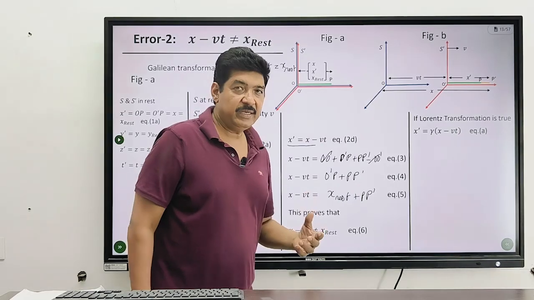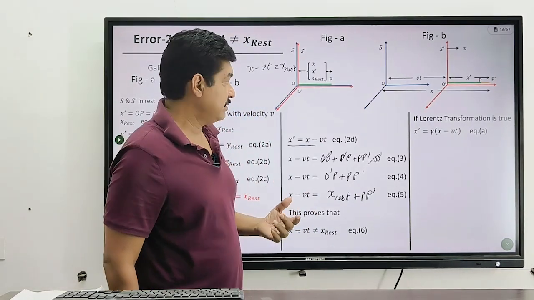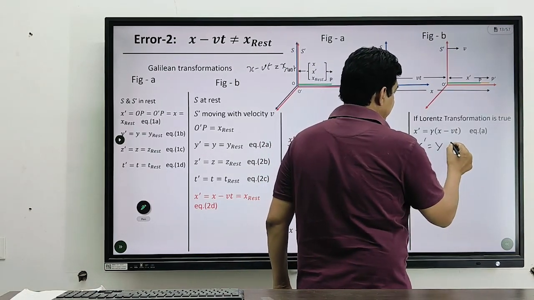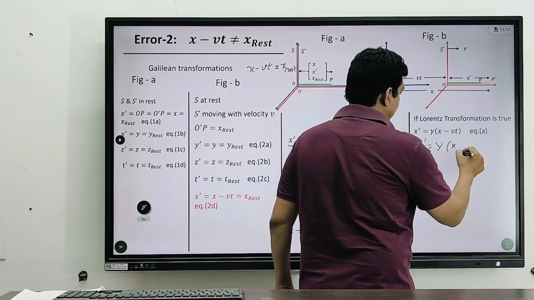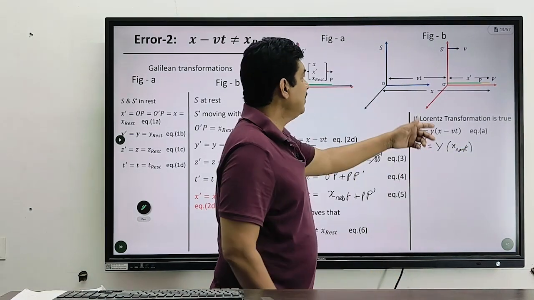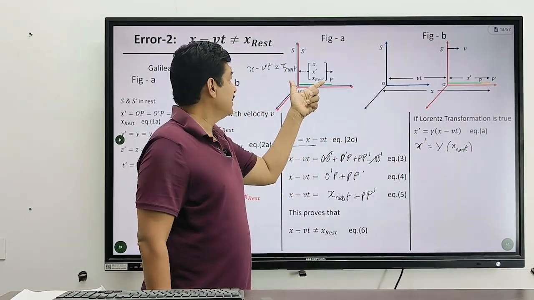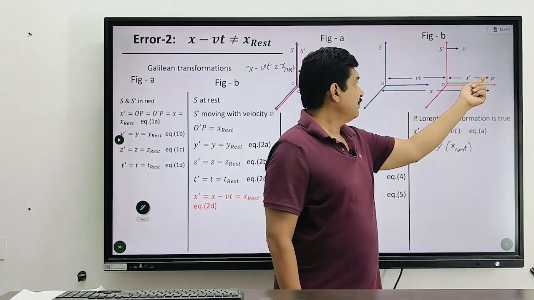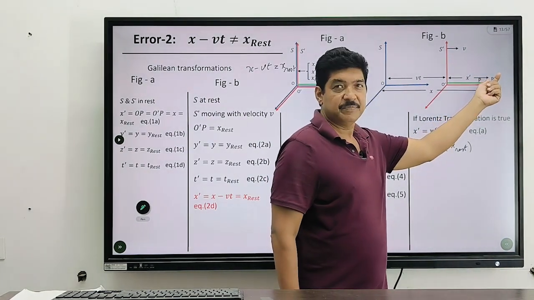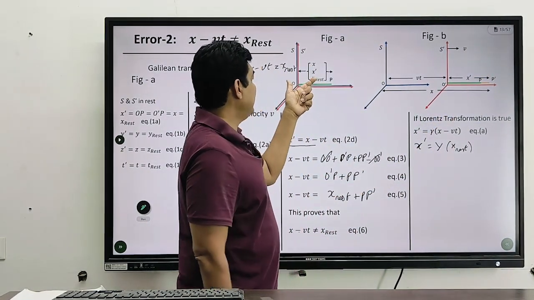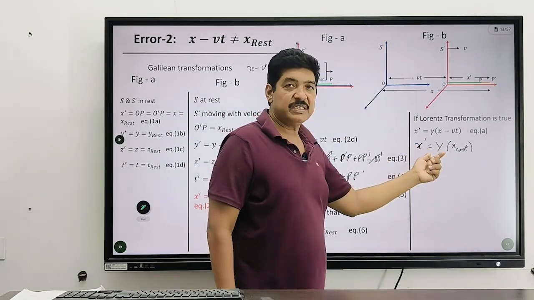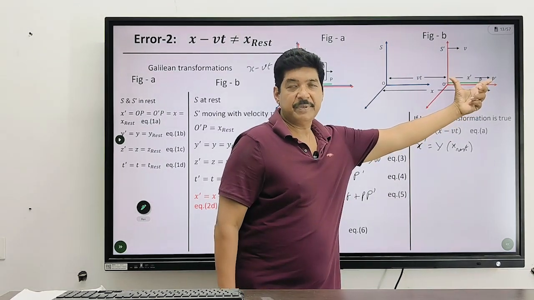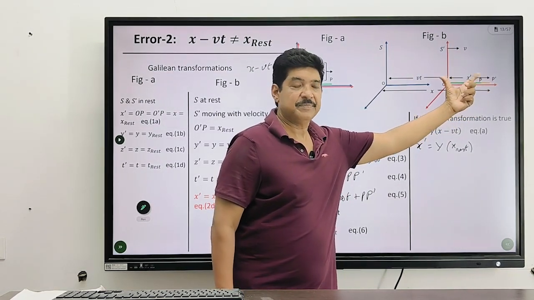But the main issue with this is that we have to find the transformation of a point P which is at rest. We have to find this transformation from P to P prime. So how do we do it? You have to take x rest, multiply it with the transformation factor, and you get x prime. That is the transformation of P to P prime, that is O prime P prime.